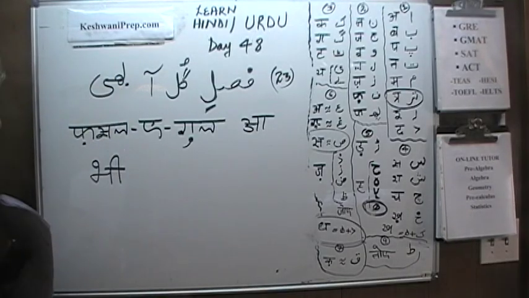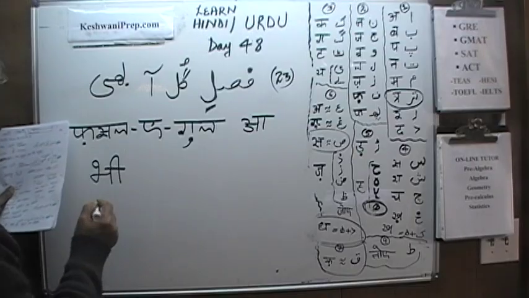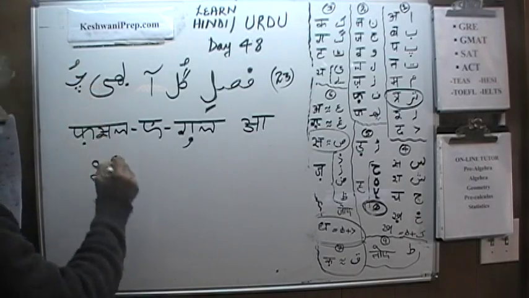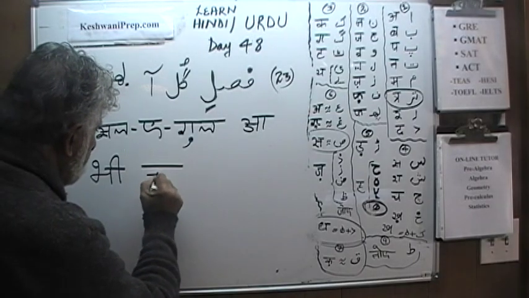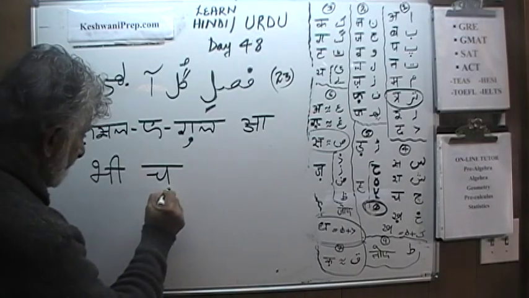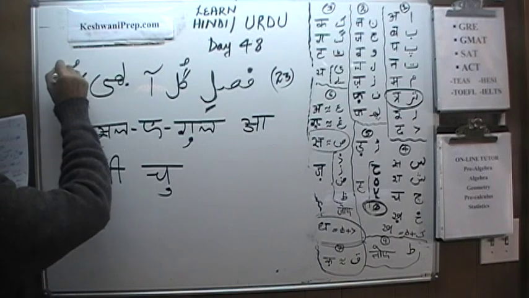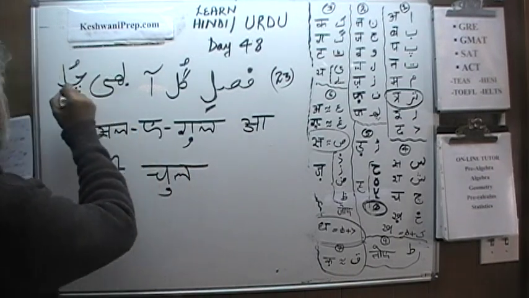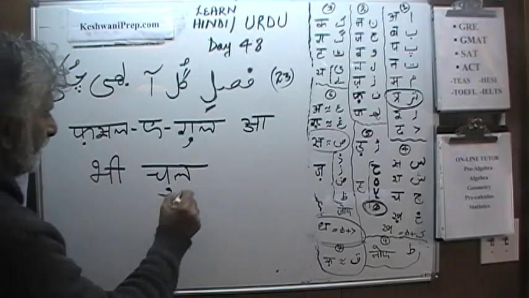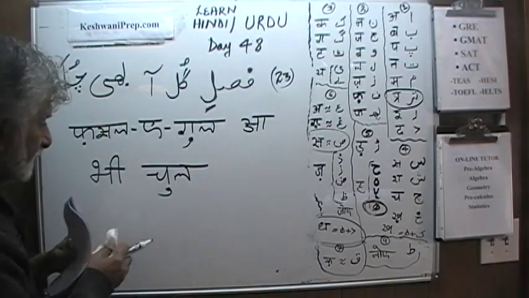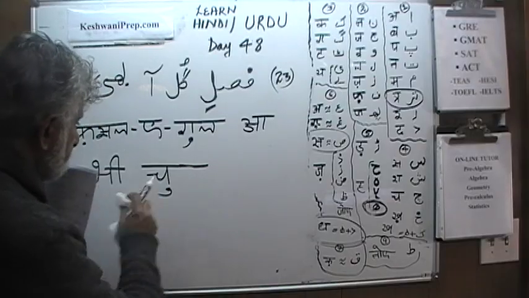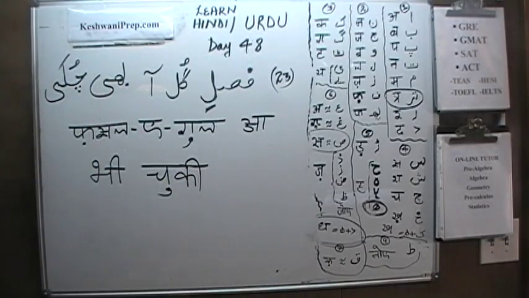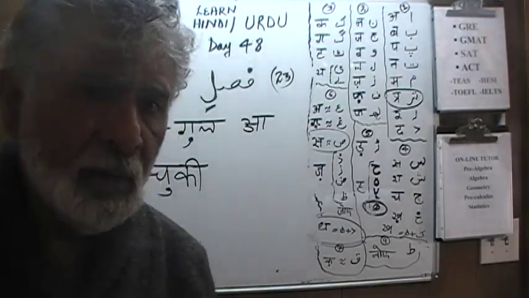First le gul, a, b, and then the last word is chu, u ki matra, choti u ki matra, and then a kaf, ka, and badi ki matra. That's a la, that's not a ka. And now it reads first le gul aabi chuki.